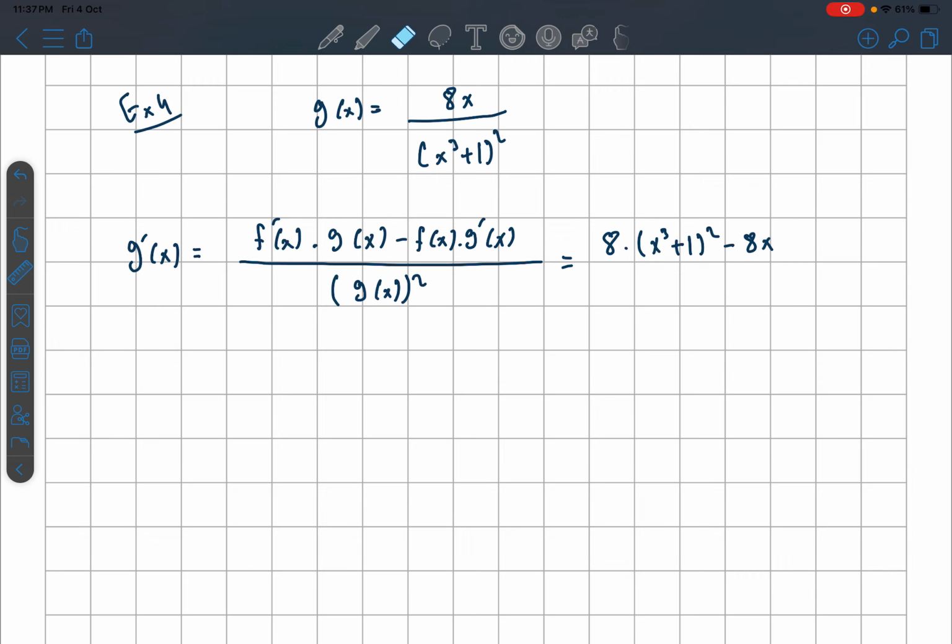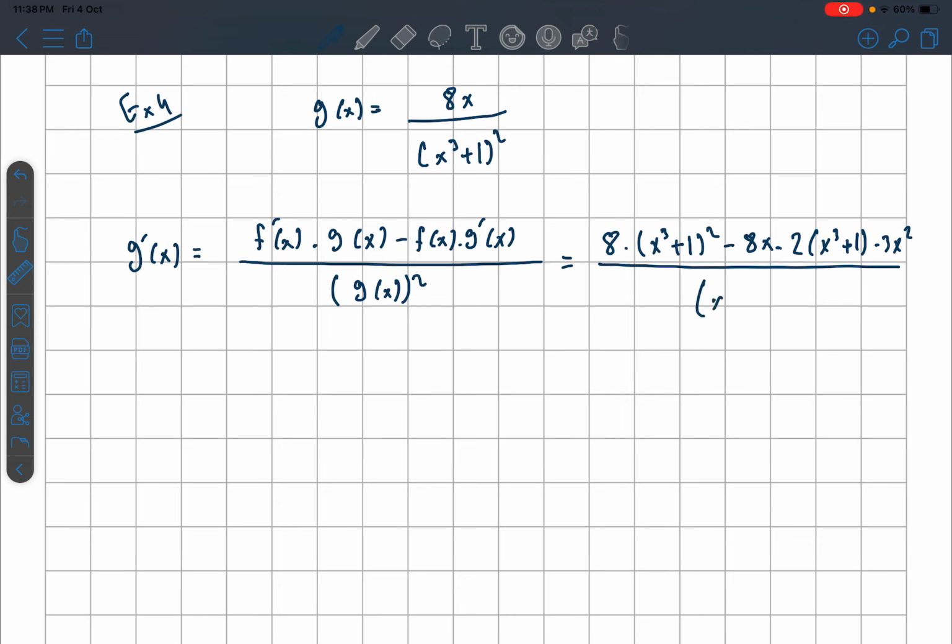Here we can say that the derivative of (x cubed plus 1) squared, you can say it is 2 times (x cubed plus 1), and get the derivative of x cubed plus 1, it is 3x squared, over g(x) squared.